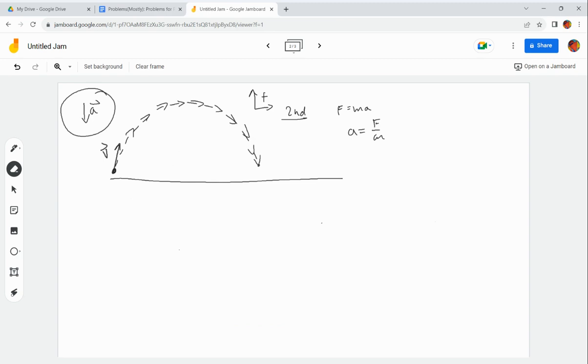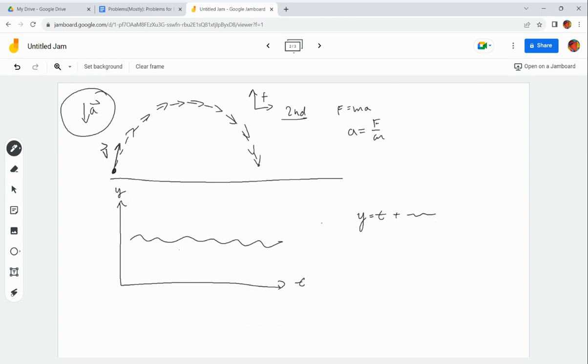But how would you describe that actually? If I were to get a graph, any graph, it doesn't have to be time, but usually it's time with some y variable. So y equals t plus a bunch of t terms.